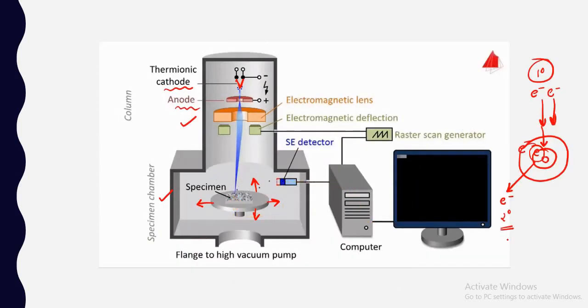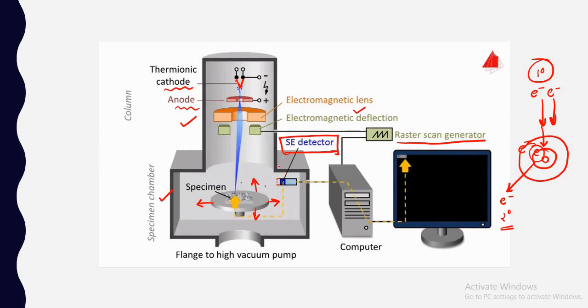Then the secondary electrons get detected by the electromagnetic deflection, which is connected to the SE detector. SE represents the secondary electron detector, which is connected to a raster scan generator. Right here you have an SE detector, detecting the secondary electrons knocked out by the primary electron.